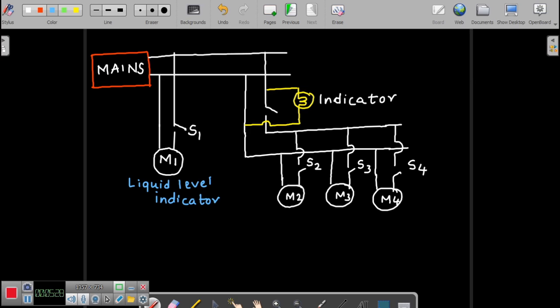And this pump, motor M1, is acting as a pump, okay, to pump the coolant to a tank.